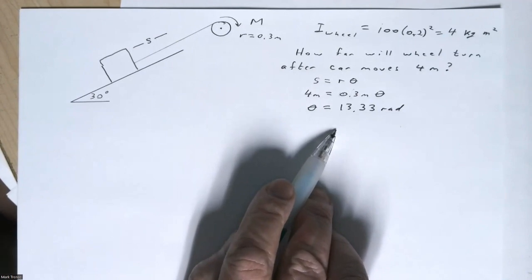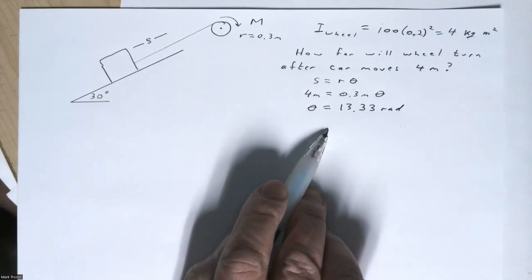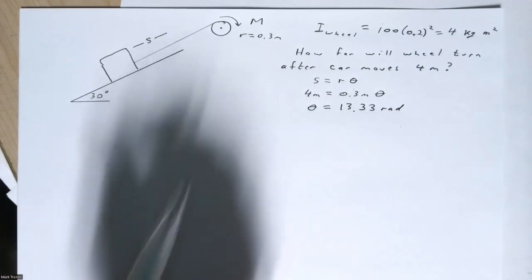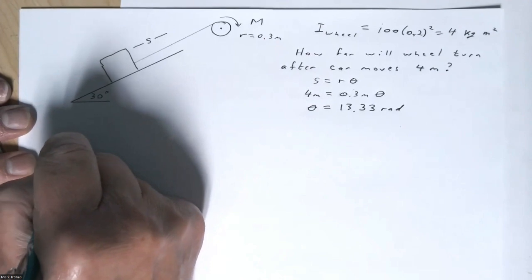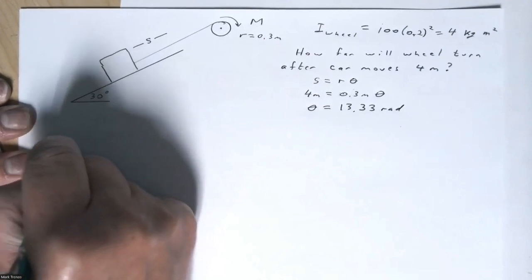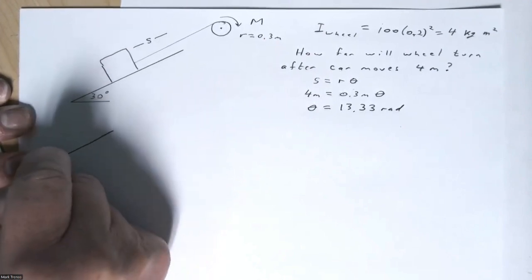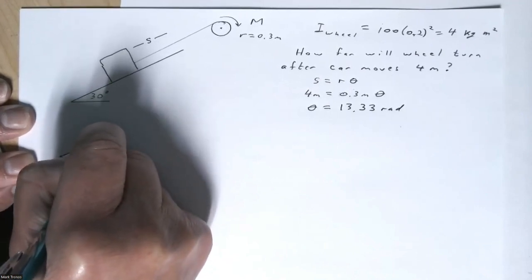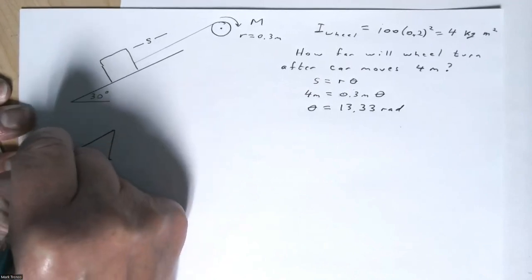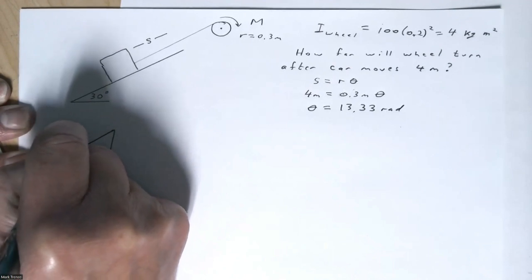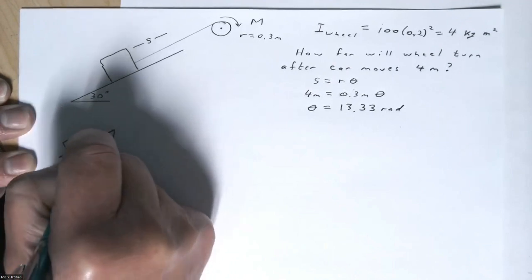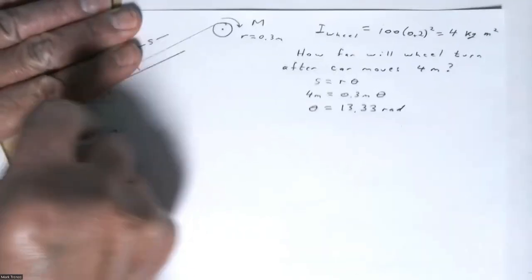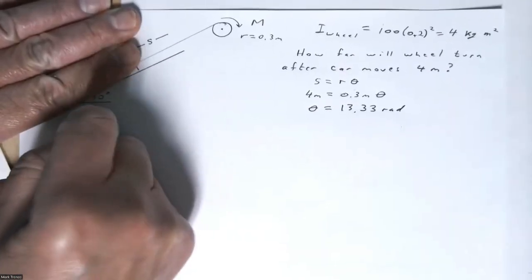And so let's see, what else preliminary are we going to need? We'll also need to find out how far the height moved vertically. So let's take a look at that. Say this weight here, our car, was originally down here, and it's moved up 4 meters.